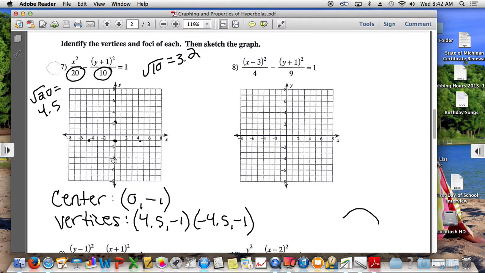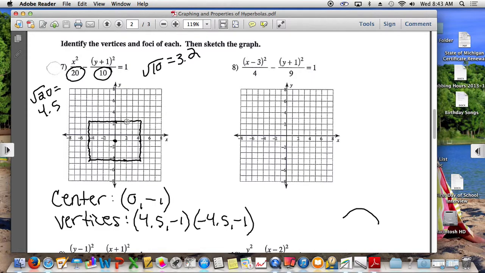And what we're going to do is create a box out of those points. So we're going to go up, we're going to go over. We are creating not a square, we are creating a rectangle.